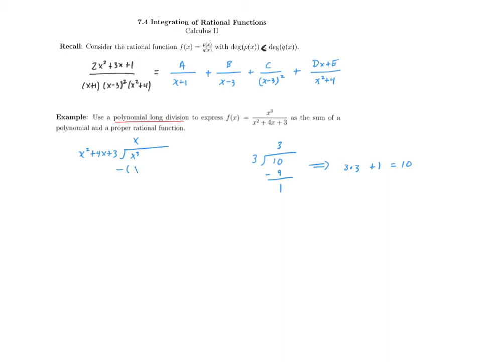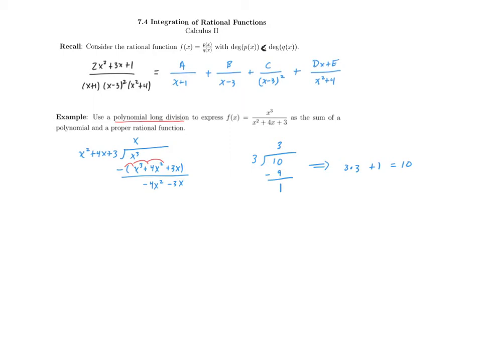So we'd be subtracting away x cubed plus 4x squared plus 3x. And be careful to distribute the negative sign through. A common mistake is to forget to do that. x cubed minus x cubed is 0. Then we have a minus 4x squared minus 3x. And we keep playing this game.